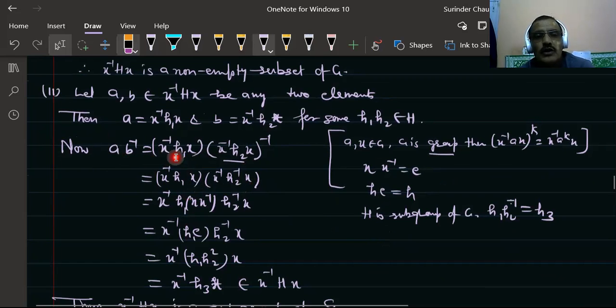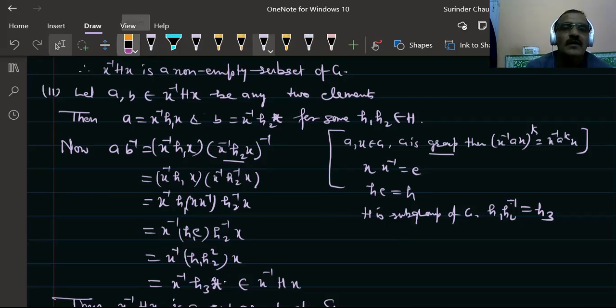This product is equal to x inverse h1 x times x inverse h2 inverse x, where x x inverse is equal to e, which gives x inverse h1 h2 inverse x.